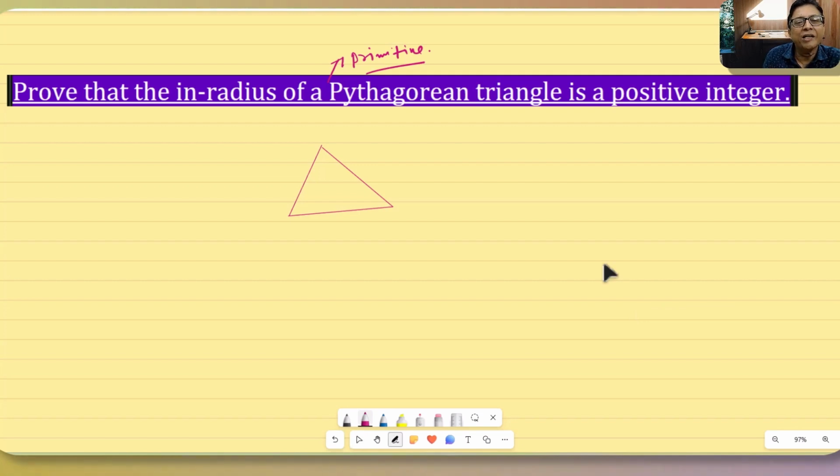Assume this angle is 90 degrees, with sides m square minus n square, 2mn, and m square plus n square. How to get the inradius of this triangle? You have to draw an incircle which will touch all the sides. If you take the center of the circle at this point, then this is the inradius.